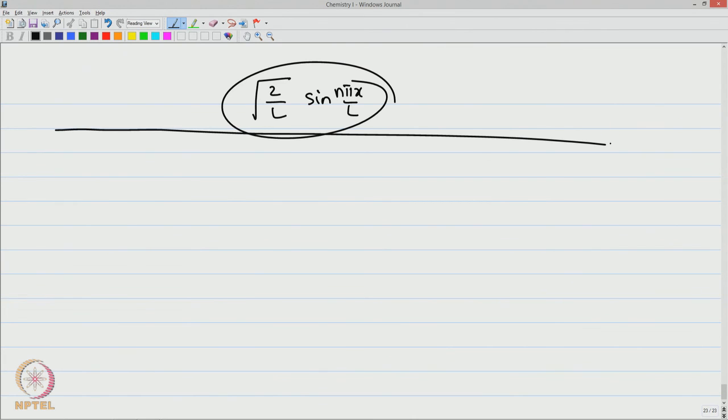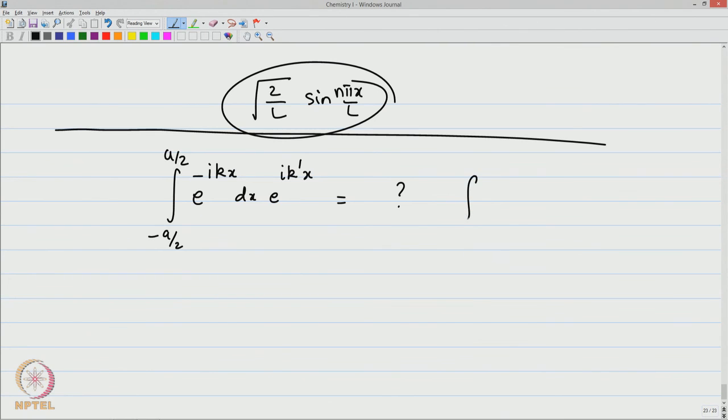What about the orthogonality? The integral of e to the minus i k x times e to the i k prime x dx from minus a by 2 to plus a by 2. I would like you to calculate this integral and find out what its behavior is.